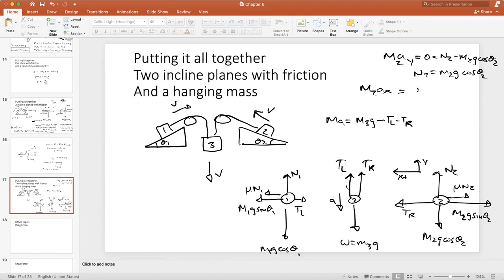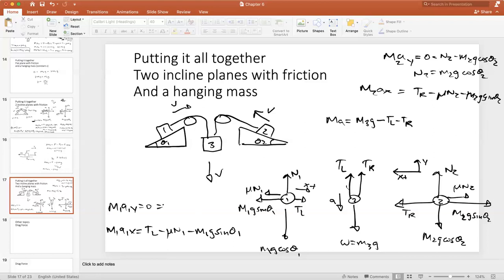So M2AX is T right minus mu N2 minus M2G sine theta 2. Similarly, this guy, I'm going to assume X is positive that way. And I would get M1 A1X is T left minus mu N1 minus M1G sine theta 1, and M1 A1Y is 0 is N1 minus M1G cos theta 1.